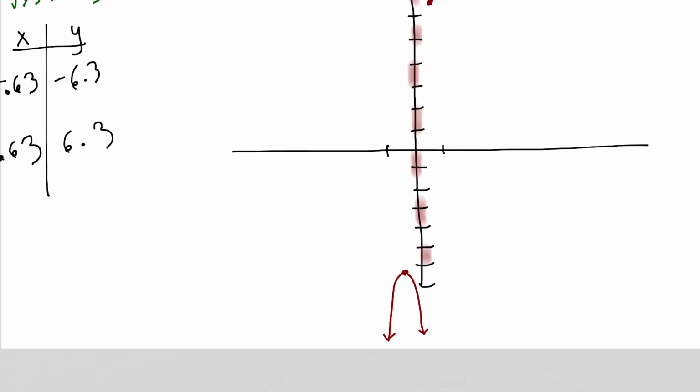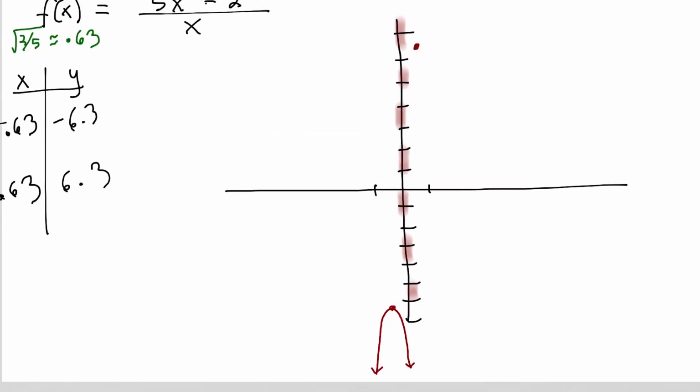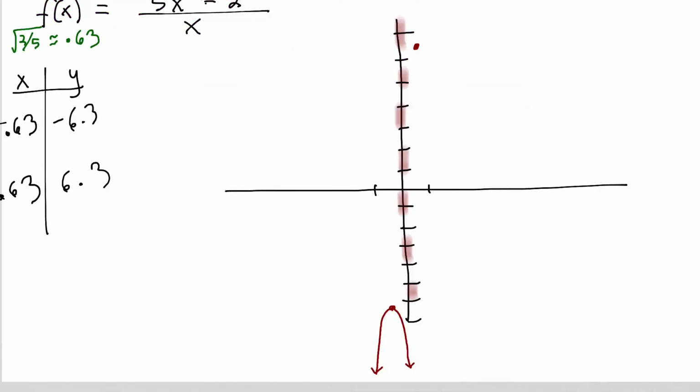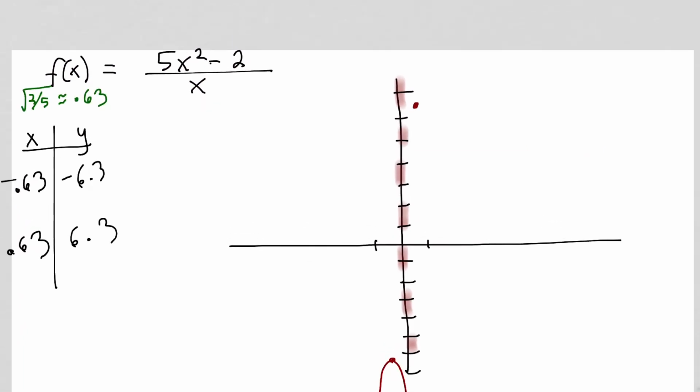And then if I go to the right of the vertical asymptote, I've got a negative slope, concave up, heading for the asymptote.